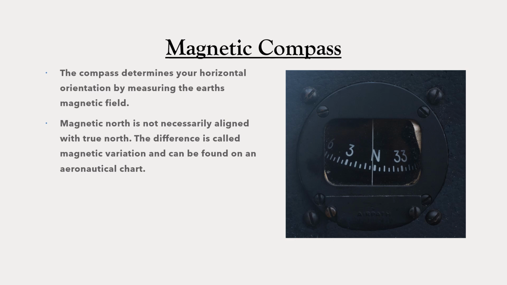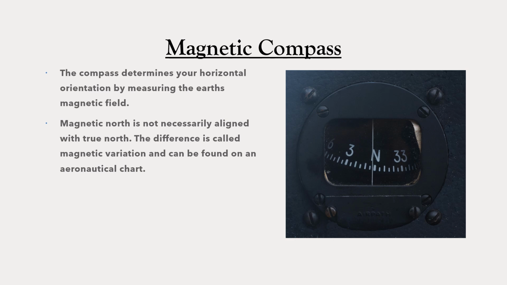The difference between the true north and the magnetic north is called magnetic variation. You can find the value for magnetic variation on the sectional chart because it varies from place to place. Near Richmond Field, the magnetic variation is 7 degrees west.